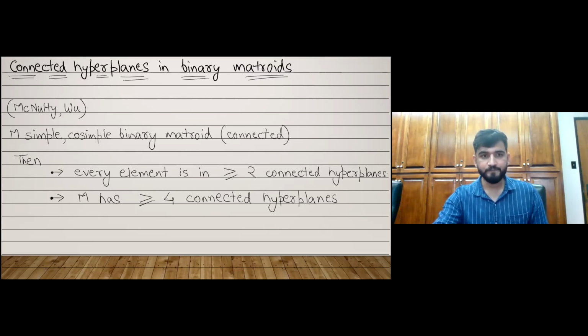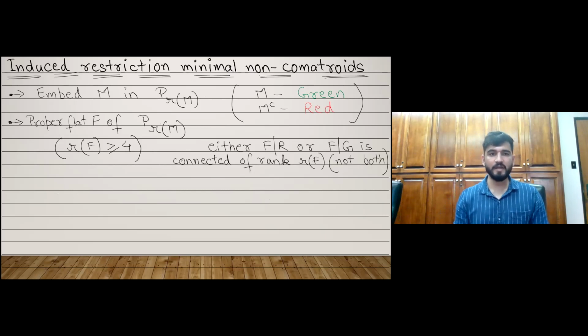So let's look at the idea of finding these induced restriction minimal non-comatroids. Again, we have this matroid M, which is induced restriction minimal, and we think of it as embedded in the same rank projective geometry. And look at a proper flat of this projective geometry.